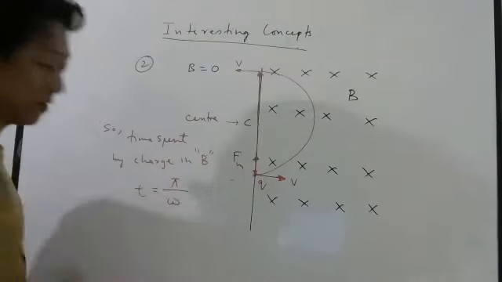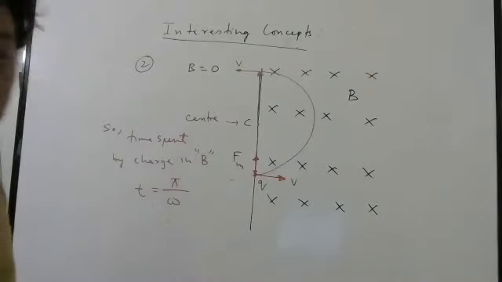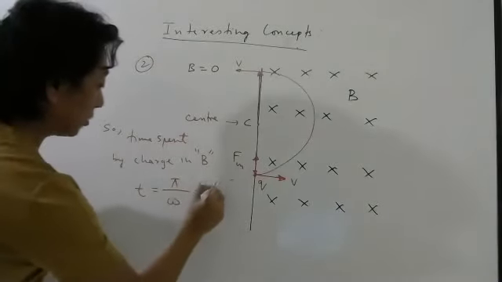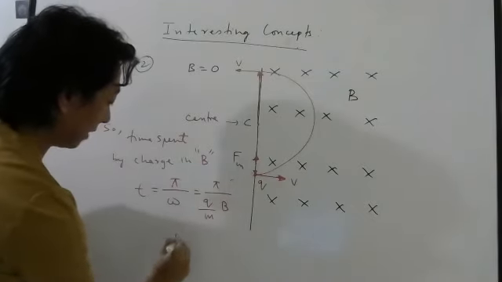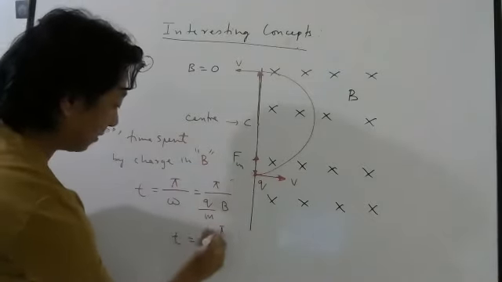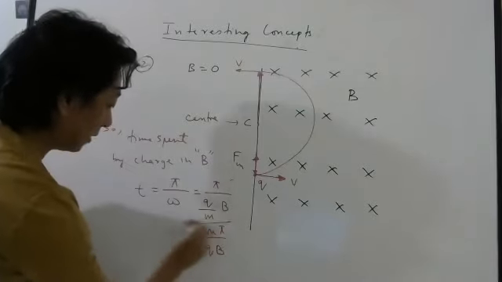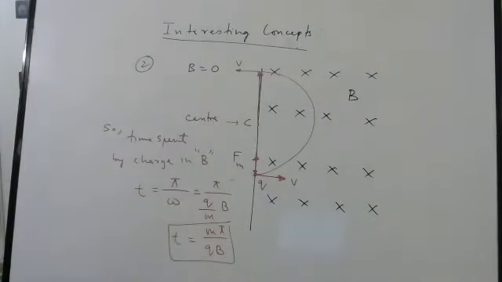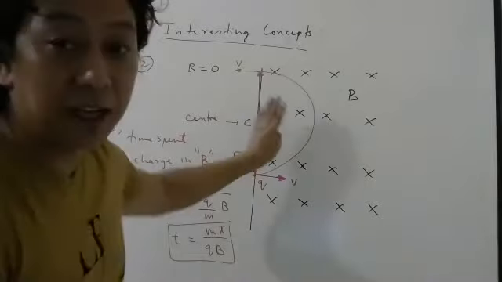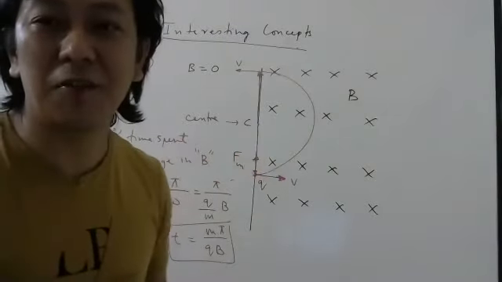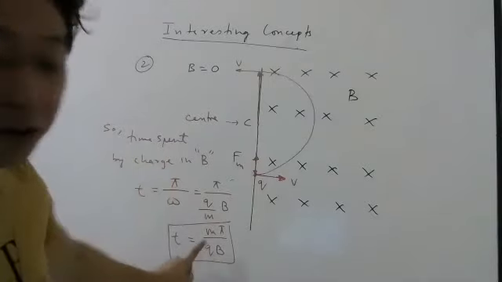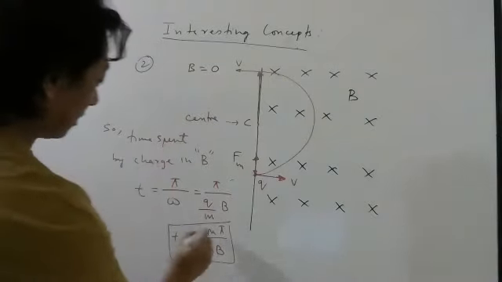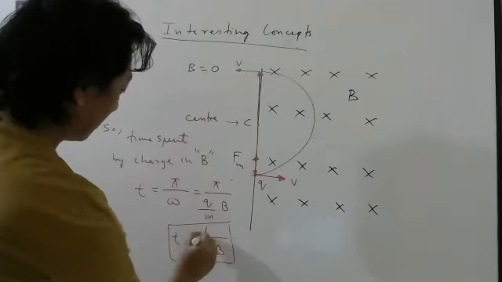Angle divided by omega, right? And what is omega? qB by m. So the time taken will be m pi by qB. This is the time spent by the charged particle in the magnetic field. Directly you could have written half of the time period, 2 pi m by qB, right?